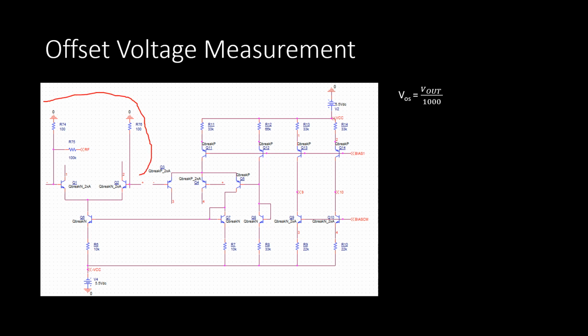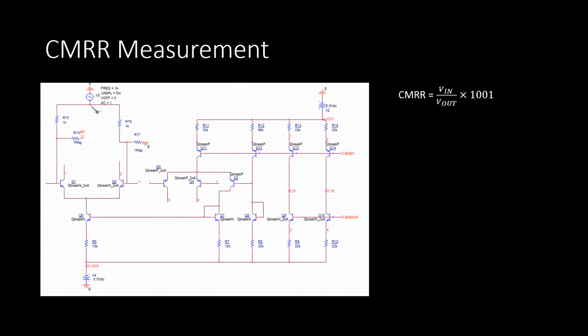Using this configuration, I was able to measure offset voltage by grounding both the inputs and applying a feedback resistor, which would result in a gain of 1000. The voltage at the output was read and divided by this gain of 1000 to find the input offset voltage. The common mode rejection ratio was measured using this configuration.